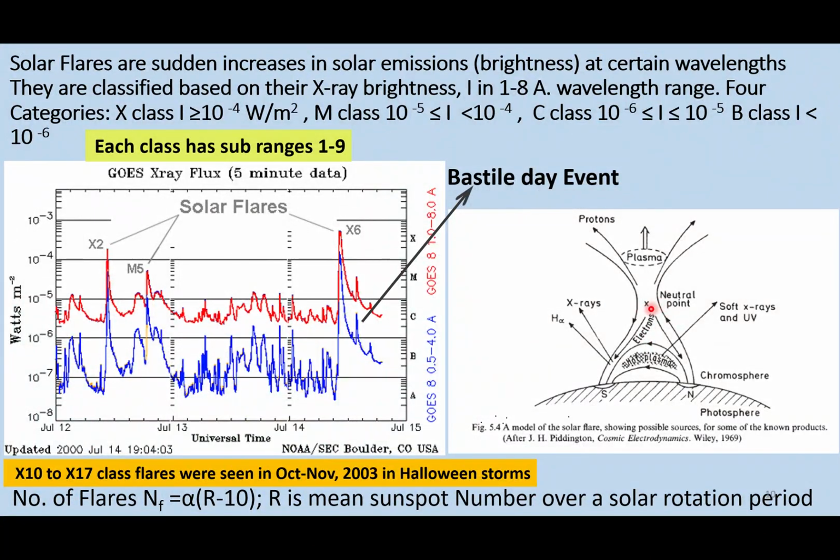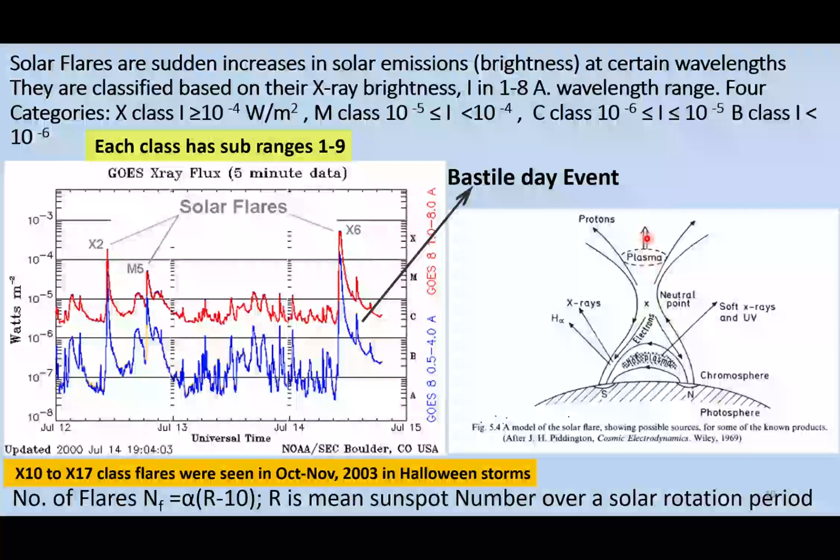And therefore, there is a reconnection taking place, or a neutral point is occurring. Magnetic field is getting neutralized, nullified, and then the magnetic energy is converted to plasma energy. Taking that energy, the plasma is ejected out, a plasma emitted from the solar atmosphere.